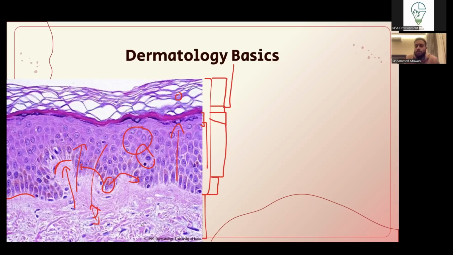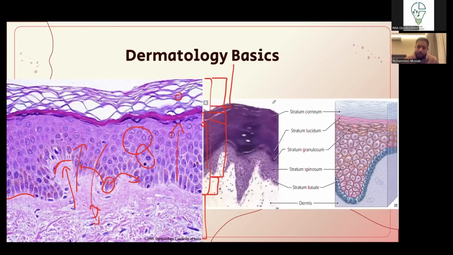So when you have re-exposure of any of the antigens that cause any of the pathologies, there will be an inflammation in the second exposure, which is the basis for a lot of, for example, the atopic diseases such as eczema. So that's basically the dermatology basics in one slide.